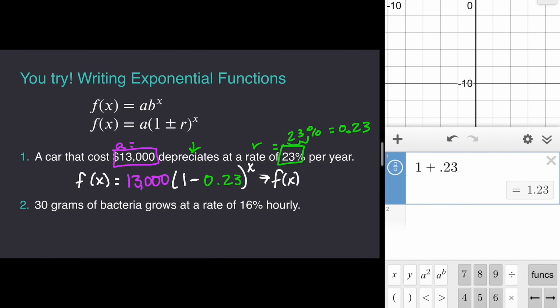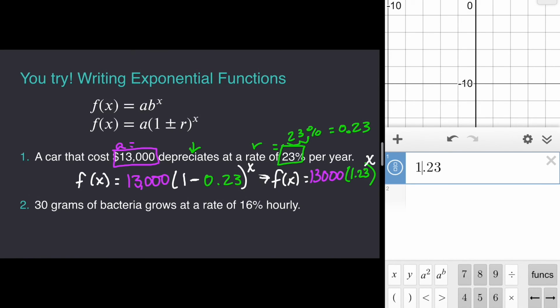I'm sorry, that should be a minus. So that's 0.77. Depreciates means that that number should go down. We should subtract.